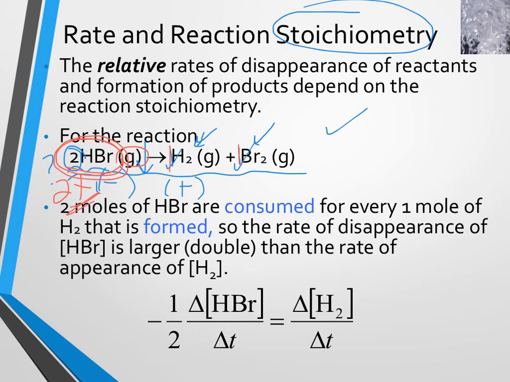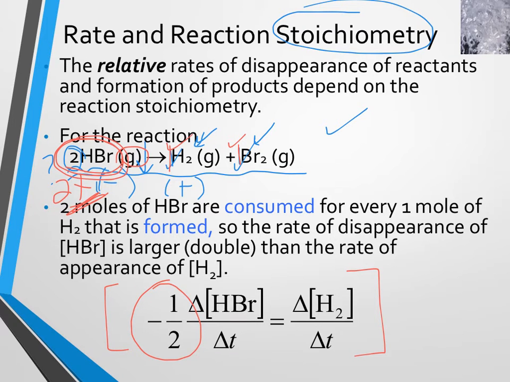So for every 2 HBr that react, you only get 1 of each of these. And so that's reflected when you write the rate expressions for this reaction. What this equation means at the bottom, you may well have to think over it because it confuses a lot of people, but make sure you understand it. It is important.